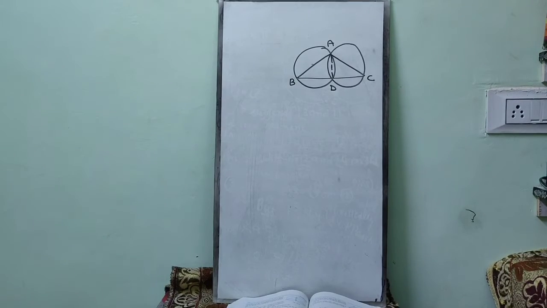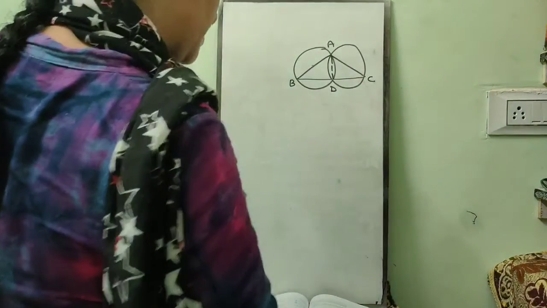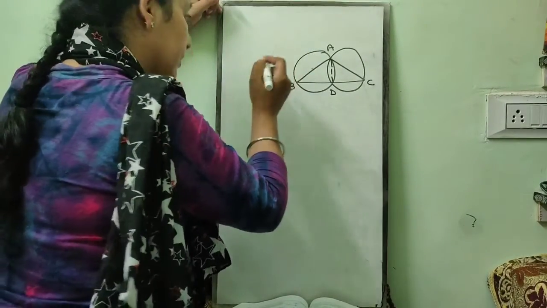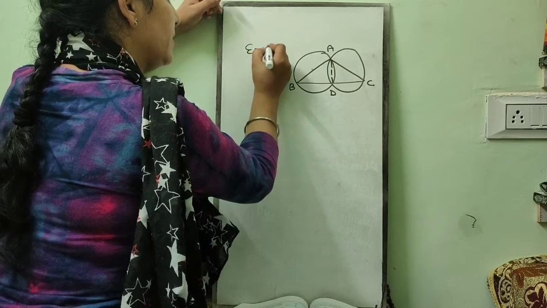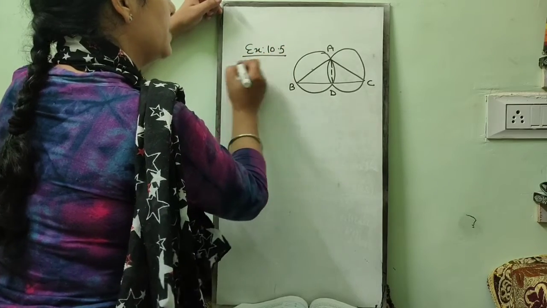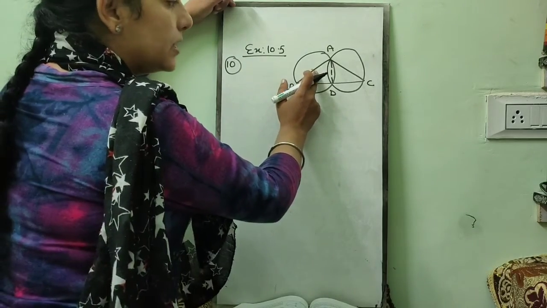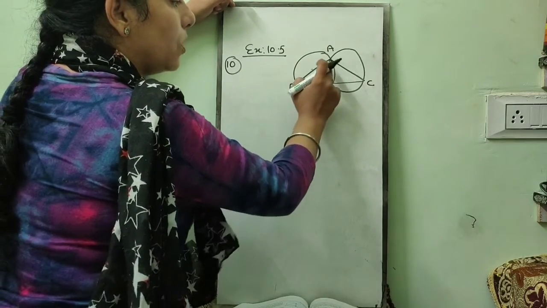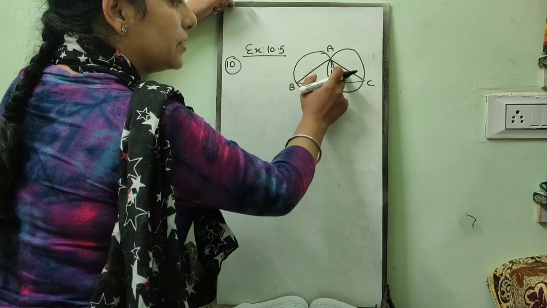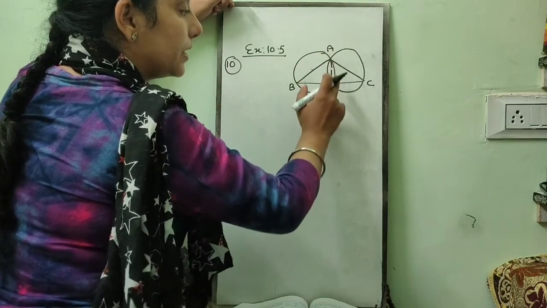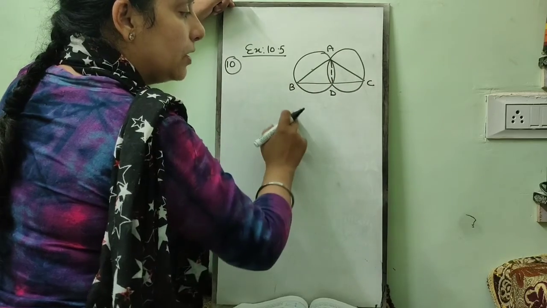So yes students, now I am going to start with sum number 10 of exercise 10.5. One circle is drawn taking AB as diameter, the other circle is drawn taking AC as diameter. Clear? Circles are intersecting at point D also.